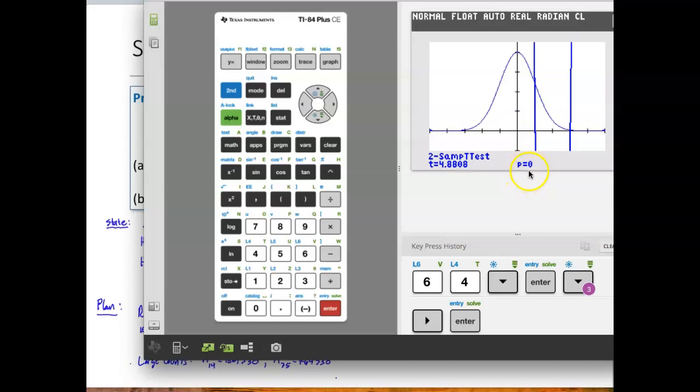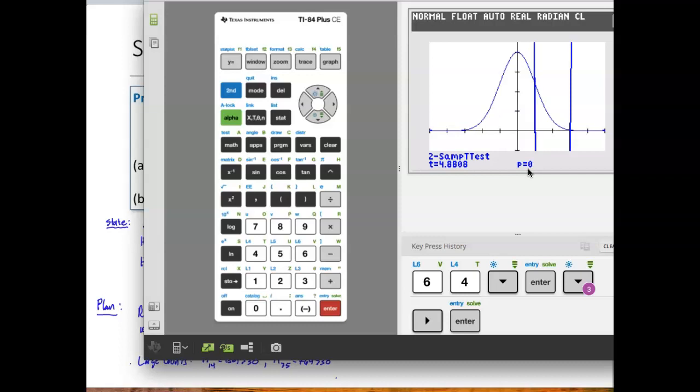Yeah, so our sample was really large, and our p-value is basically almost 0. So our calculator is just rounding it to exactly 0. So we do have good evidence, right? So t equals t, write down your t critical value when you're doing this. 4.8808, and that's basically how many standard deviations away from the mean your sample is.